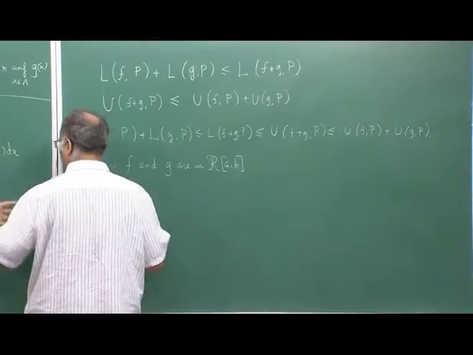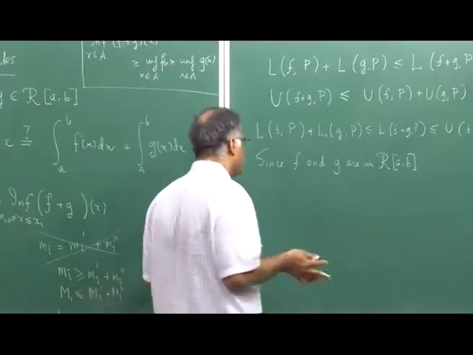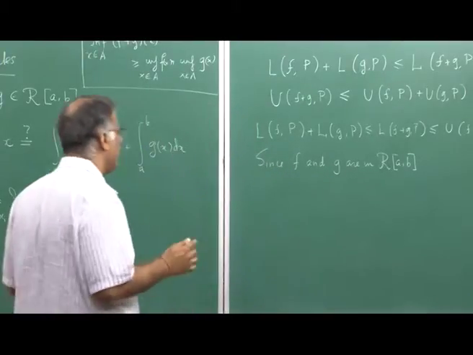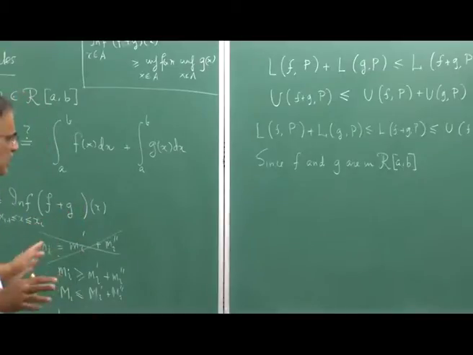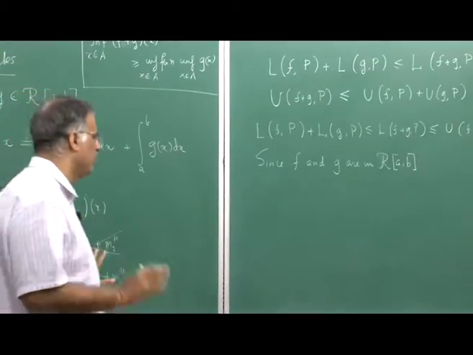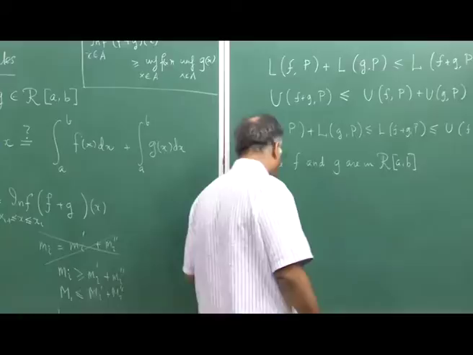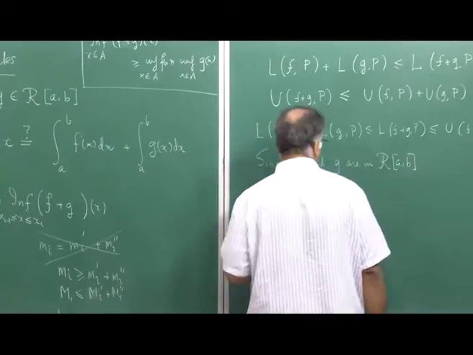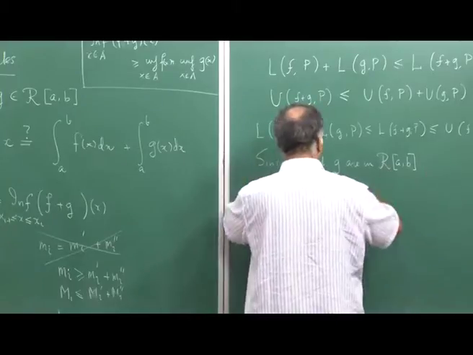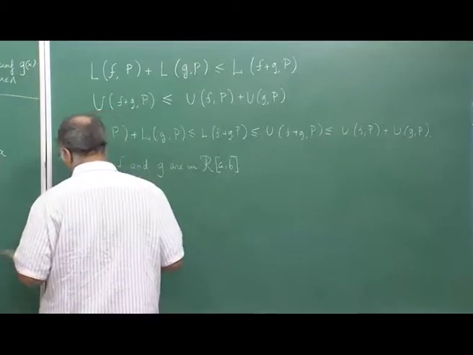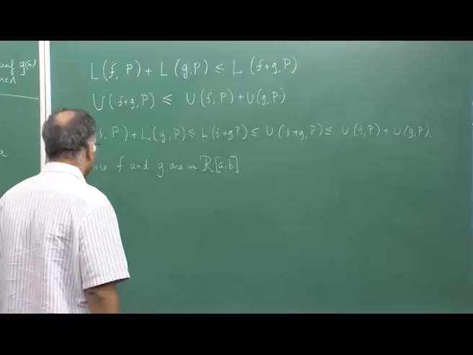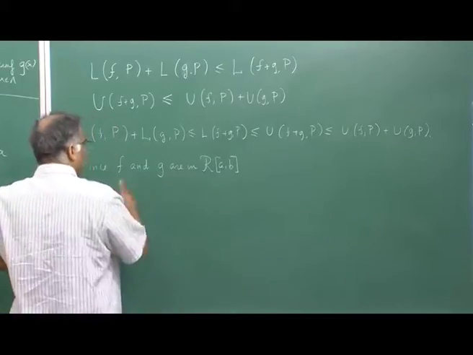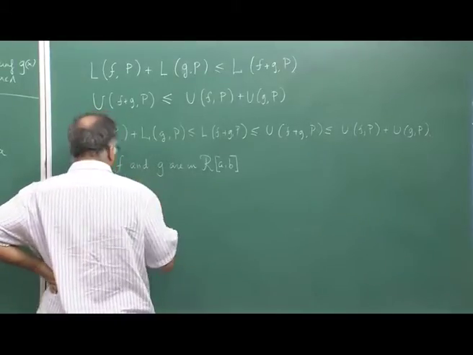Now you are using the Darboux format to do everything, because we said at the end yesterday that Darboux's approach and Riemann's approach are essentially the same. They give the same value, and the class of functions which they integrate are the same. Now the Darboux approach is easier to handle, so we are using it. So, since f and g are in R[a,b], what do I have?